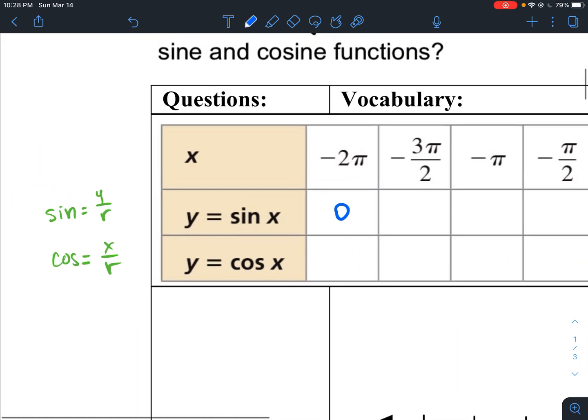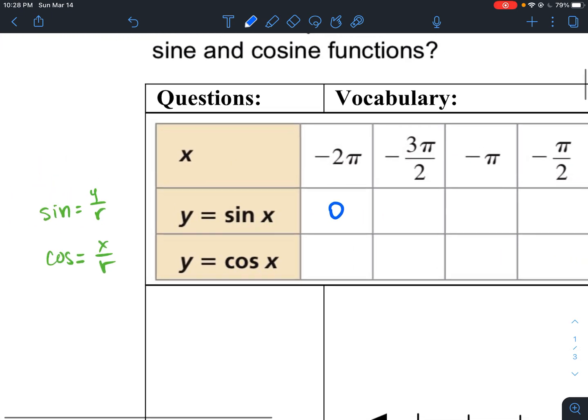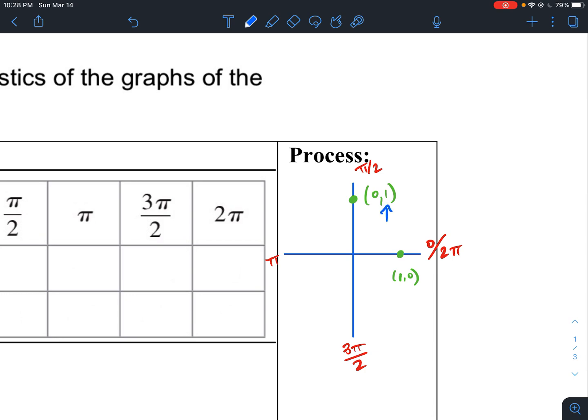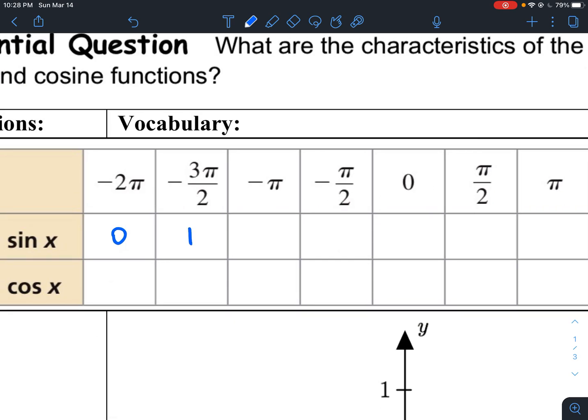So sine again, sine is y over r, so my y here is 1. So 1 over 1, so it's going to be 1.